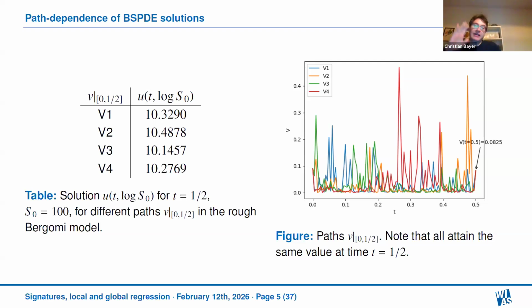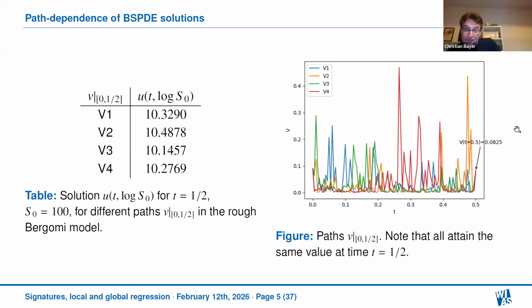I'm looking at an option which has an exercise date, let's say, 1 year in advance, but I'm looking at it at time 1/2. And at time 1/2, it turns out all these 4 trajectories of the variance process end at the same point. Here it's 0.0825.